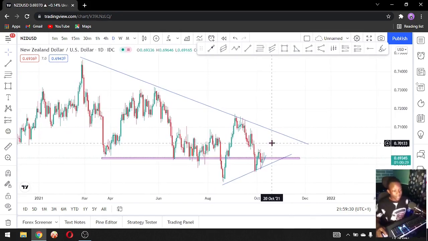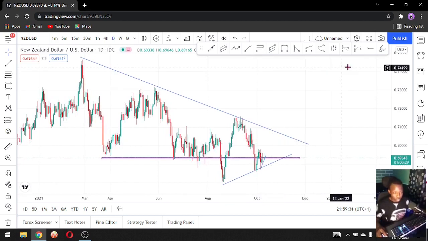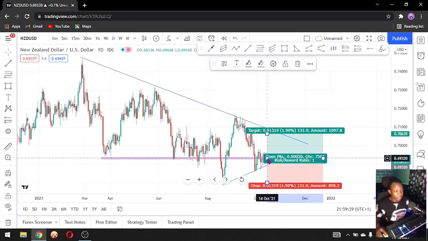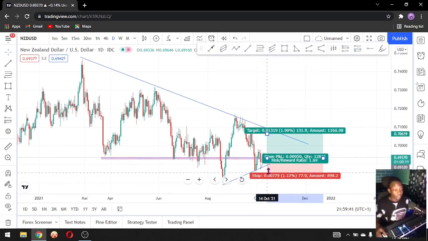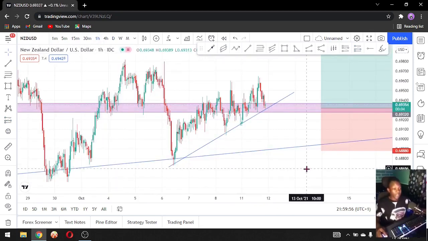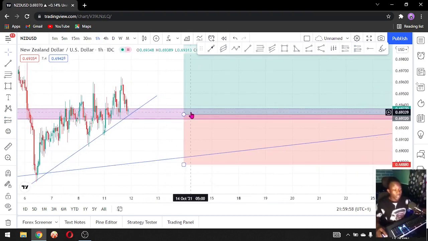If I draw my long position tool here, and if I go back to the 1-hour chart, I'll see that the distance from my entry to stop loss is huge.